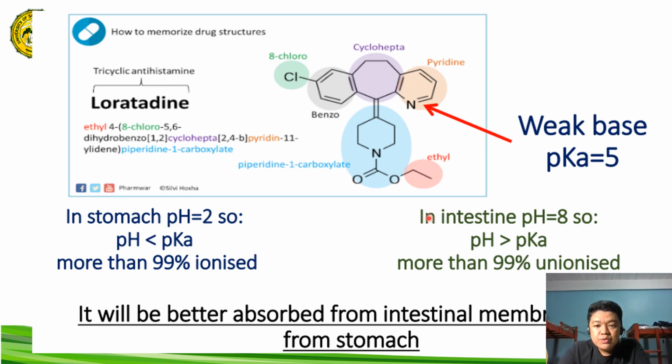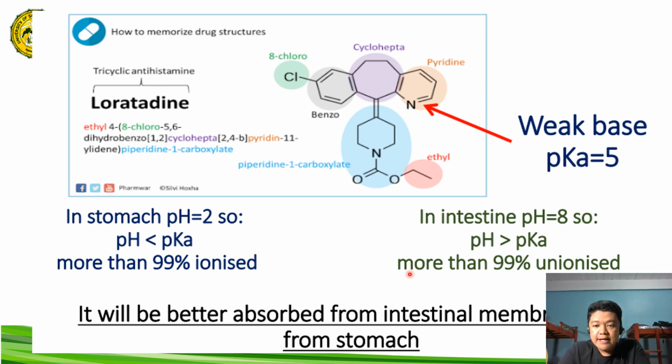When we put our basic drug in the intestine with a pH of 8, as you can see here, the pH of the environment is more than the pKa. So our pH is 8 and our pKa is 5.